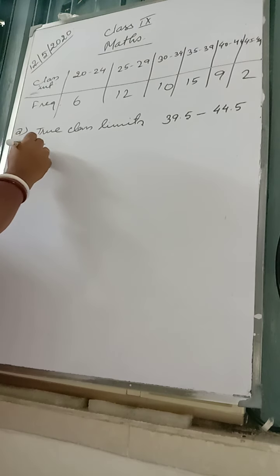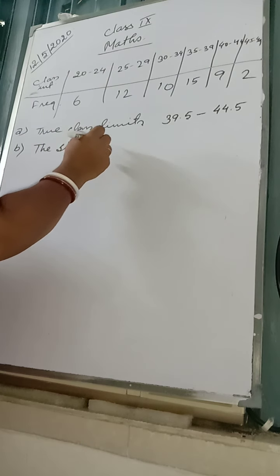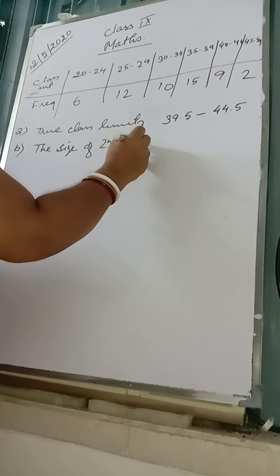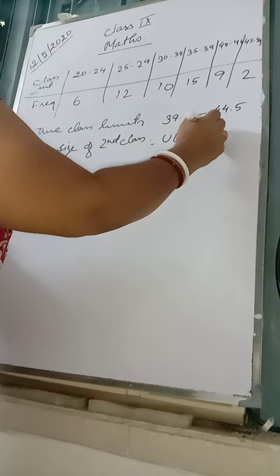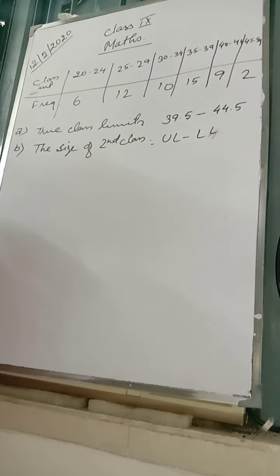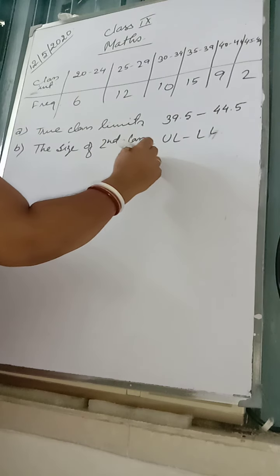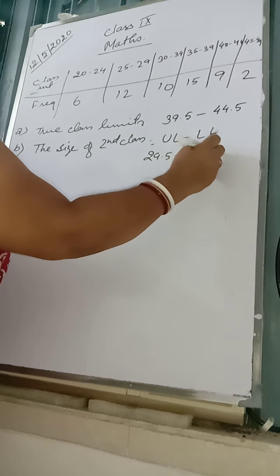Now what is the size? The size of the second class is equal to upper limit minus lower limit. Is it? We know. Now for the second class, this is 29.5 minus 24.5.